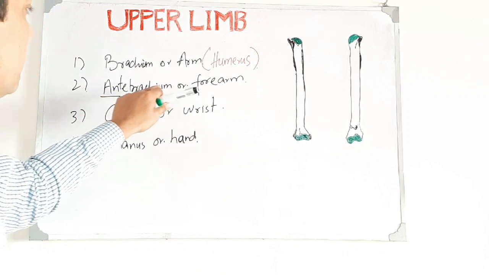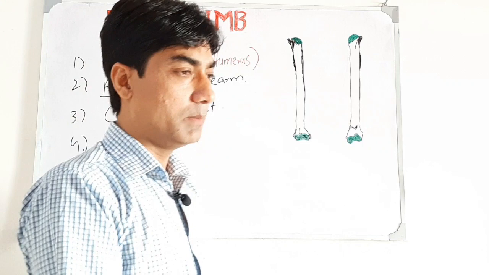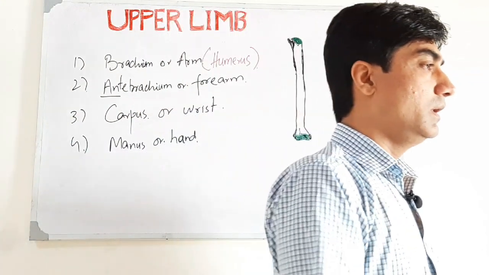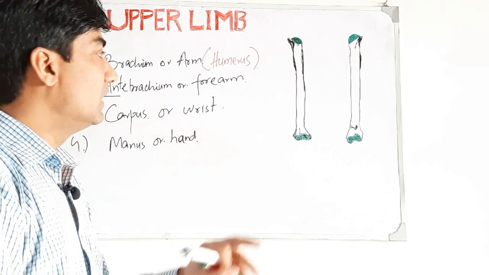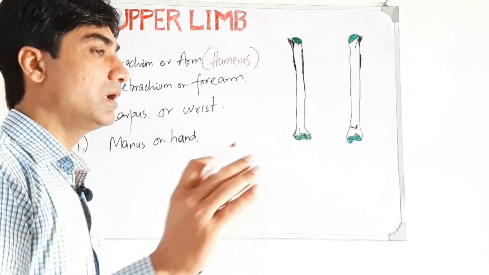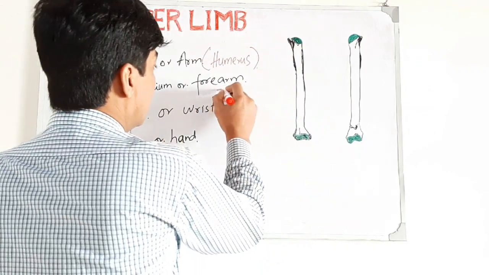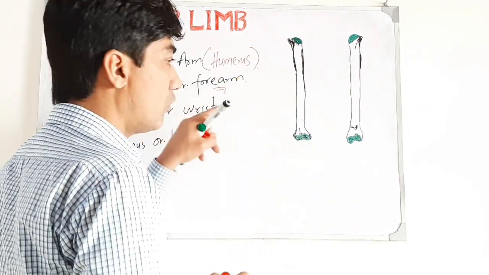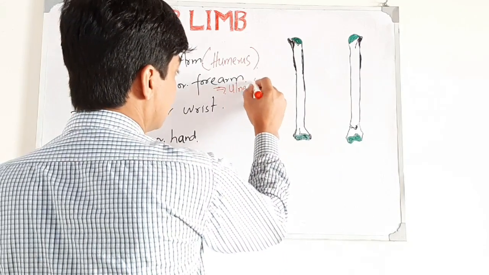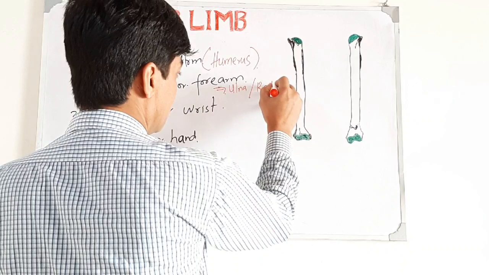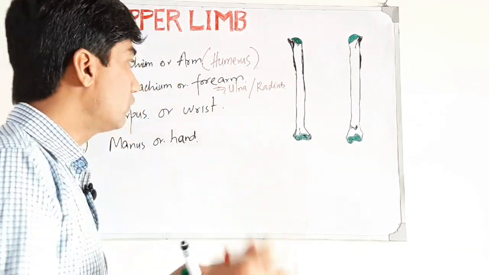The second part is antebrachium or forearm. When we are standing in anatomical position, we see that in the forearm or antebrachium, there are two bones that are parallel to each other. These two bones are the ulna and the radius. The radius is lateral to the ulna.